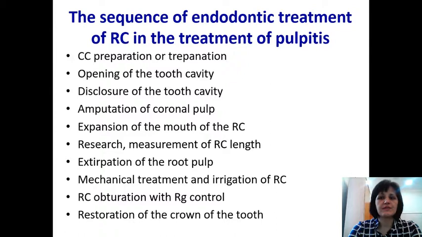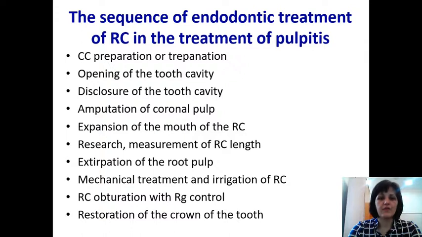There are some differences between the sequence in the treatment of pulpitis and the treatment of periodontitis. The sequence of endodontic treatment of pulpitis includes carious cavity preparation or sometimes trepanation. Next, opening of the tooth cavity. Further, disclosure of the root canal cavity.